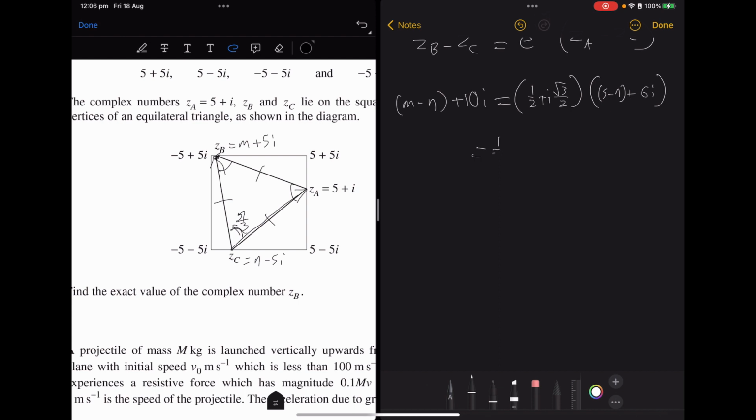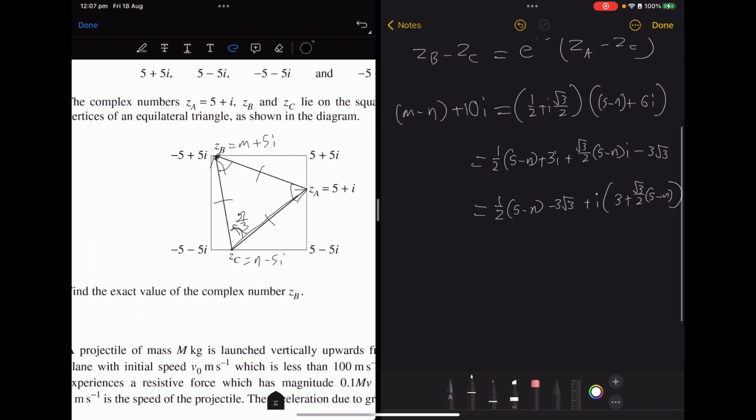That is equal to half of 5 minus n plus 3i, plus root 3 over 2 times 5 minus n times i, minus, 6 times root 3 over 2 is 3 root 3. Adding the real parts together, that's half of 5 minus n, minus 3 root 3, plus i times the imaginary parts, 3 plus root 3 over 2 times 5 minus n.